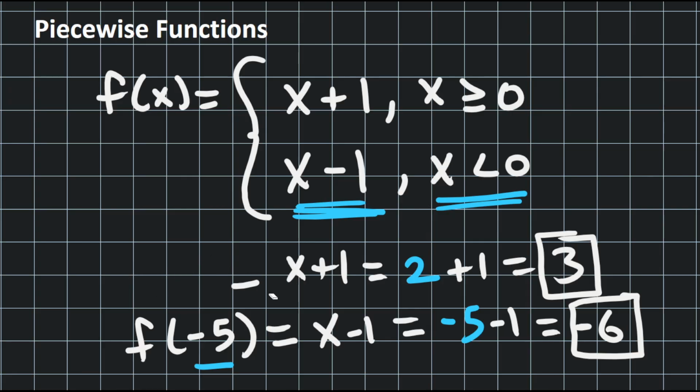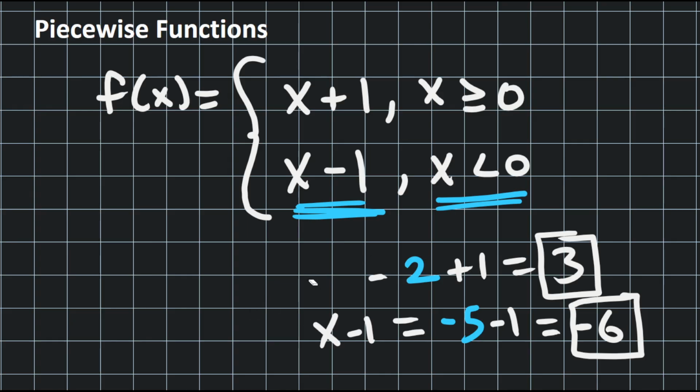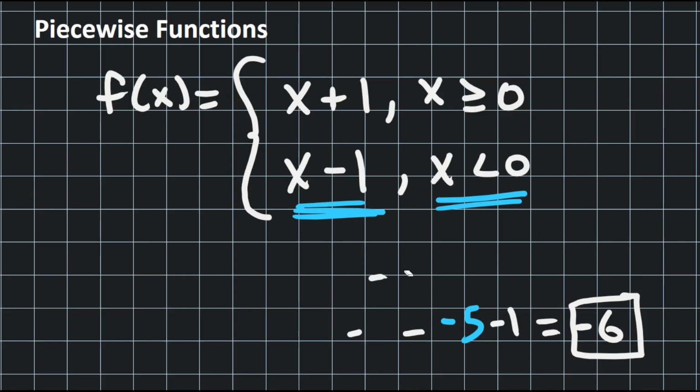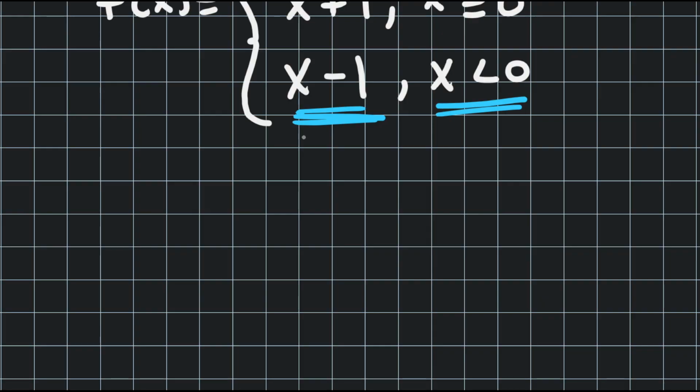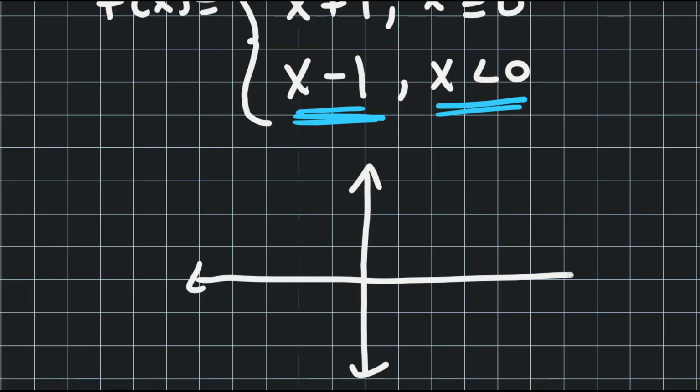So let me erase this. And then we'll go ahead and draw our x and y axes. So let's draw our y-axis right here, and then our x-axis right here. 1, 2, 3, 4, negative 1, negative 2, negative 3, negative 4.